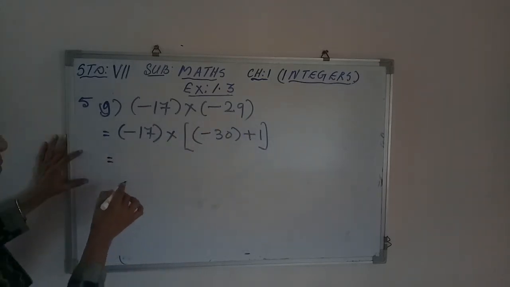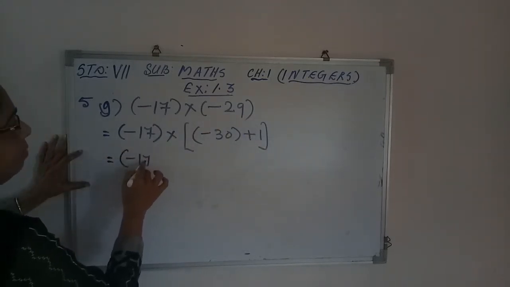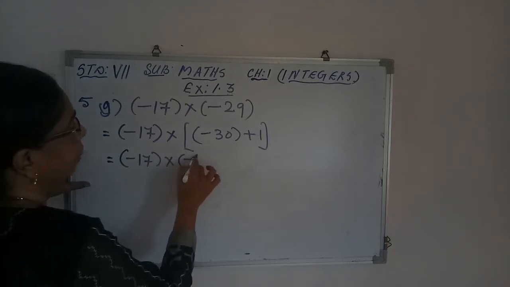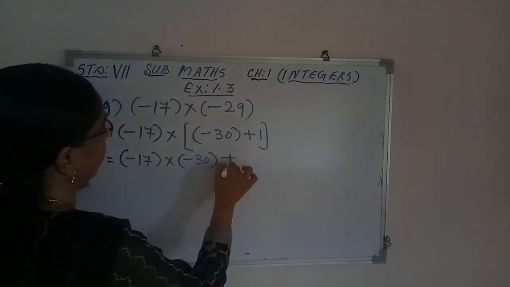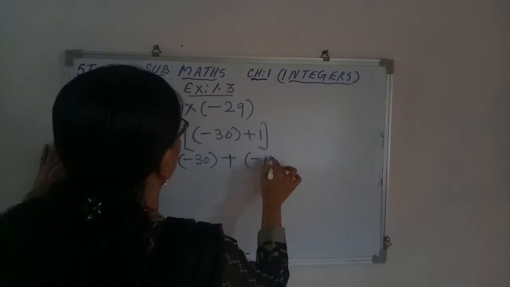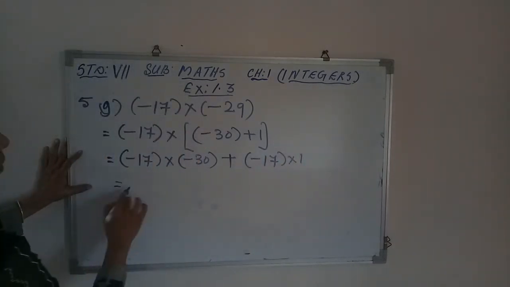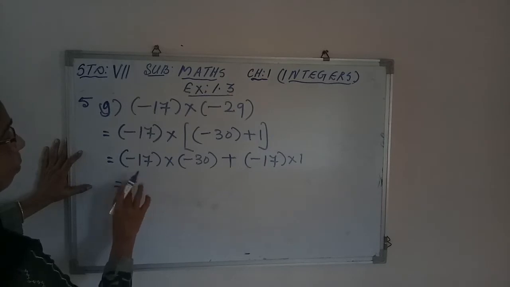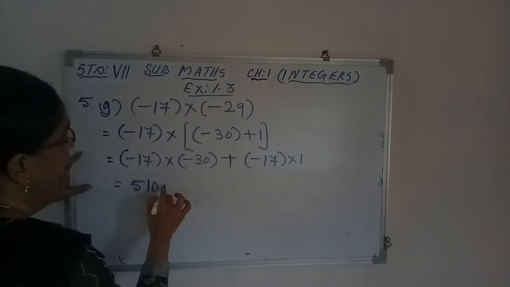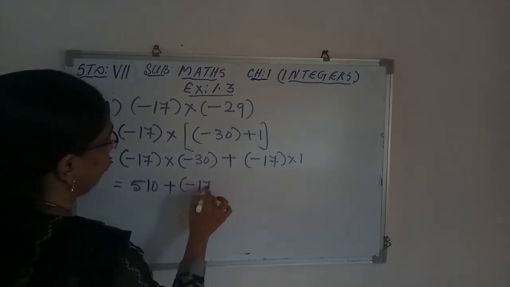Now we can use the distributive property. Minus 17 into minus 30 plus minus 17 into 1. Answer you will get minus into minus plus 510 plus minus 17.